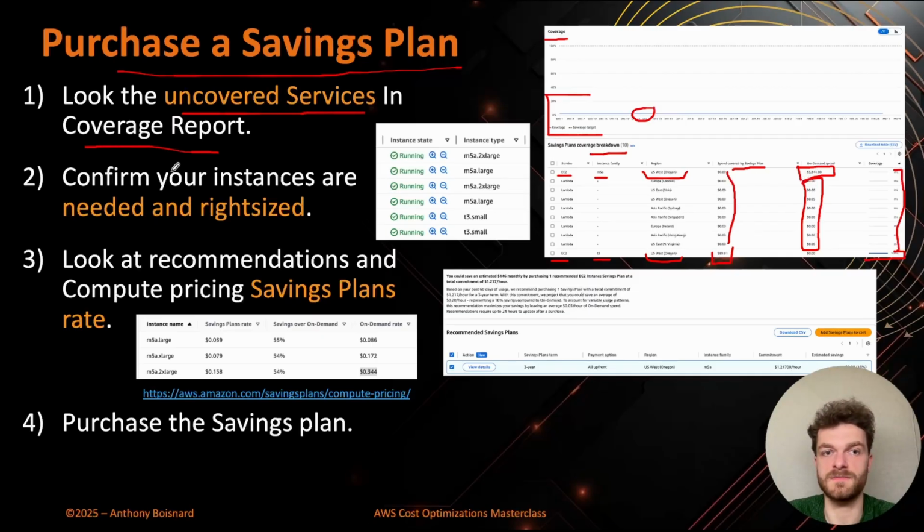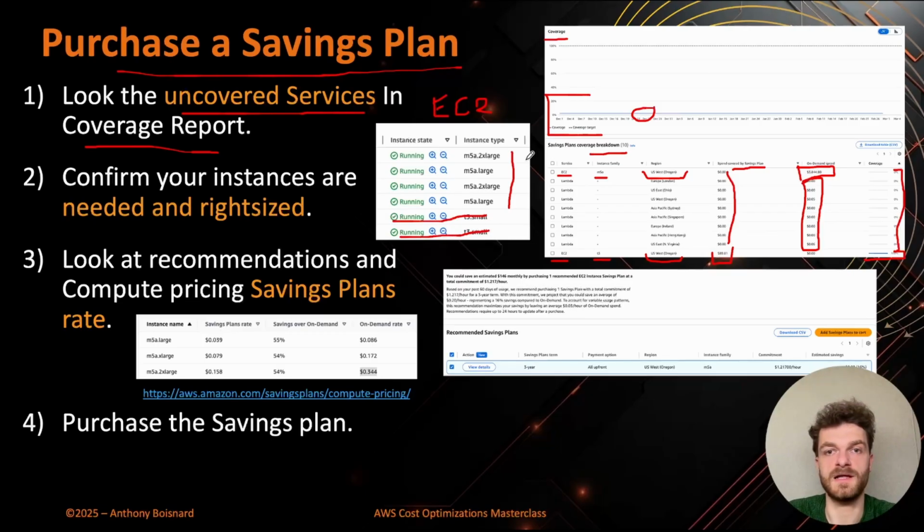Secondly, you can confirm your instances here in the EC2 service. You can check that they are running and that they are needed. I'm looking only for those M5A instances here. I don't care about T3.